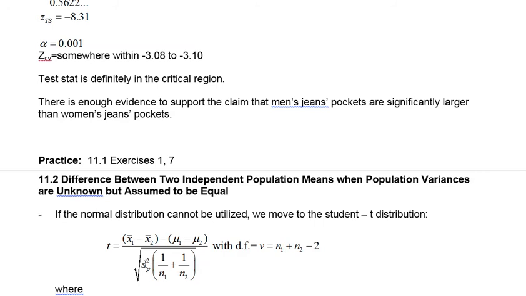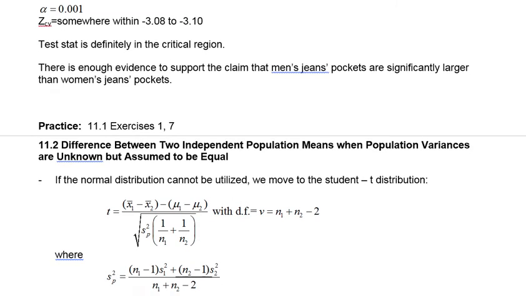So we have this s squared p, or sp squared I should say. It's sort of our standard deviation squared, but we calculate it using both standard deviations from our samples. So n minus 1 times s squared for our first sample, and n minus 1 times s squared for our second sample, and then that degrees of freedom also happens to be our denominator on that.